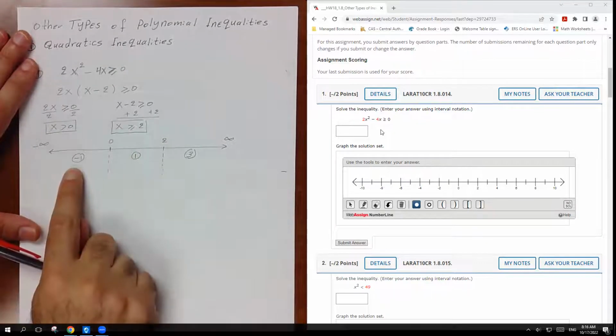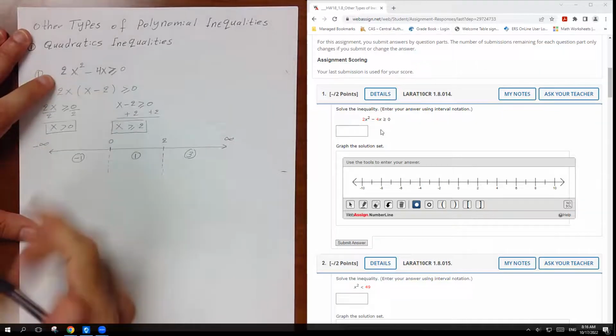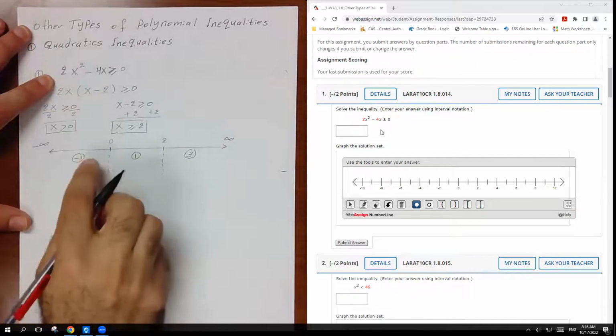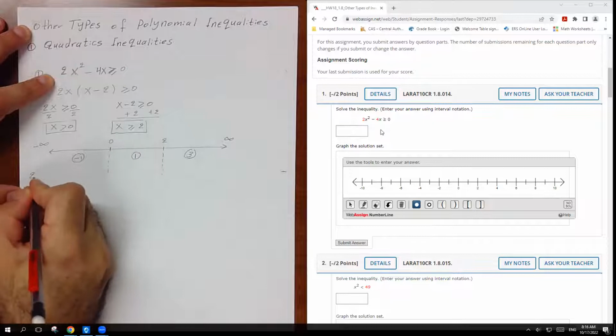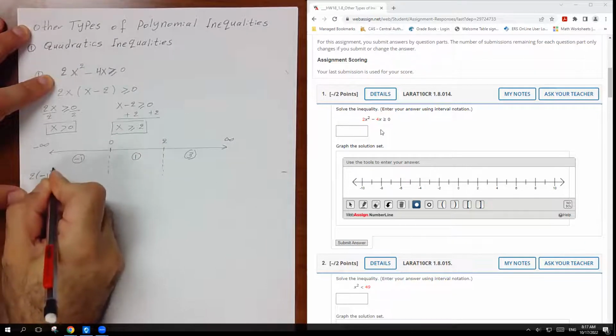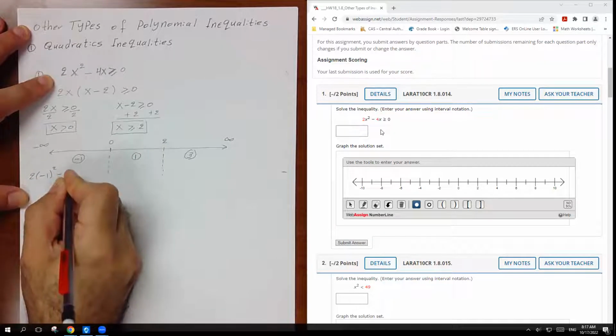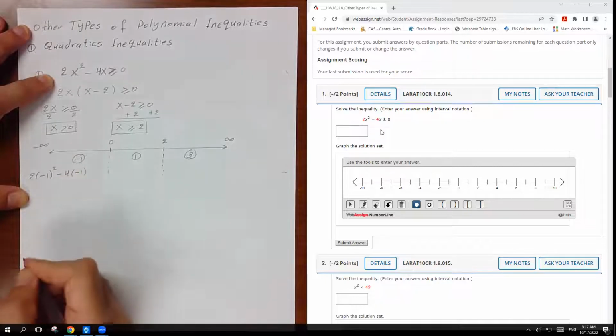Now let's plug in these numbers. If you plug in -1 here, 2 times -1 squared minus 4 times -1, how much is the result?